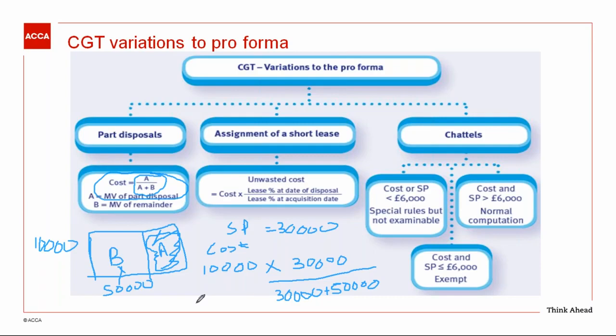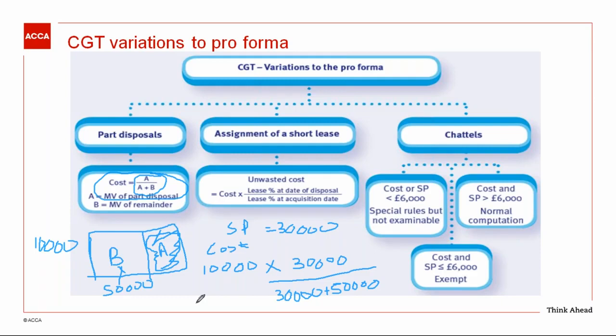So let me get the value. 10,000 divided by 80,000 multiplied by 30,000.